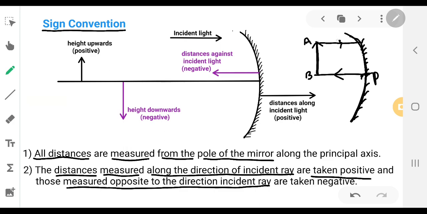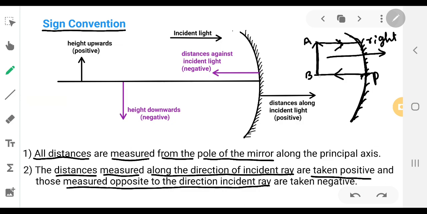Now we'll discuss only the incident ray. What is the direction of the incident ray? Towards the mirror, towards the right. So distance is measured along the direction of the incident ray. If we measure any distance towards the right, in the direction of the incident ray, it will be taken positive. If we measure in the opposite direction, it will be taken negative.